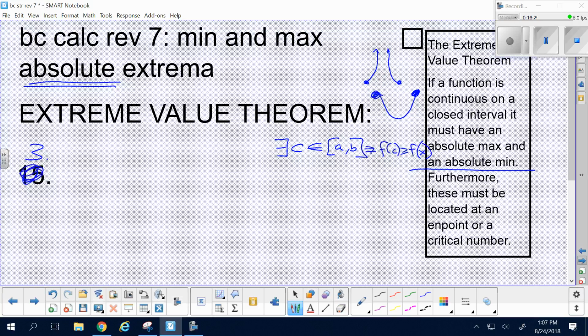That's the extreme value theorem in math. Okay. Now, it's important not so much that you read this, but that you know this.